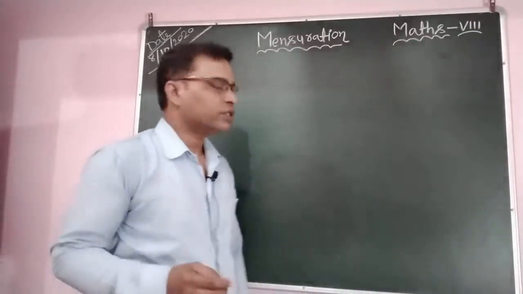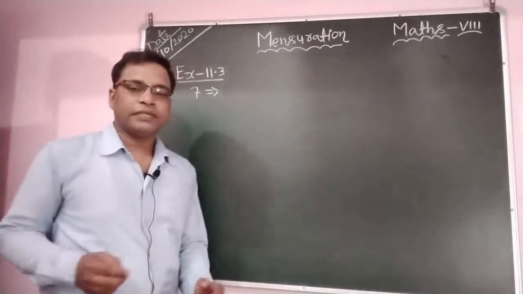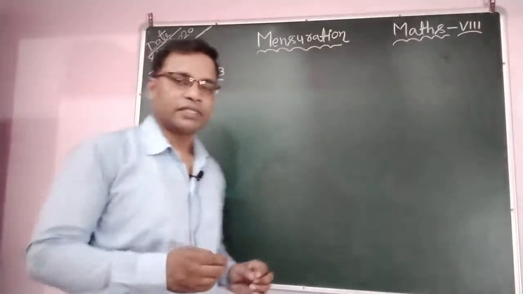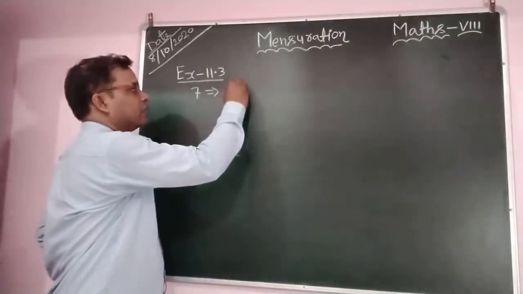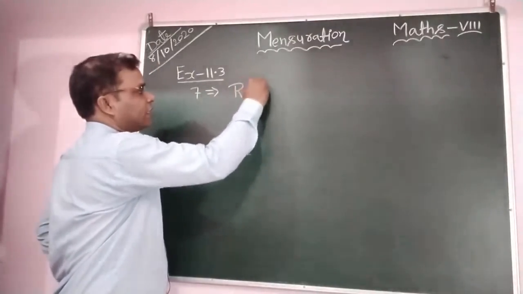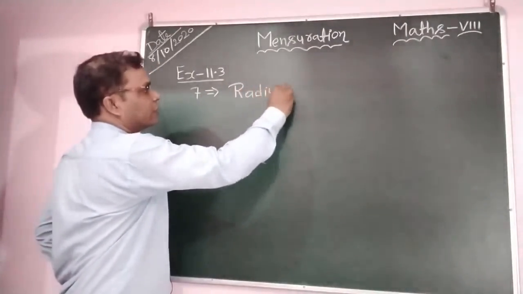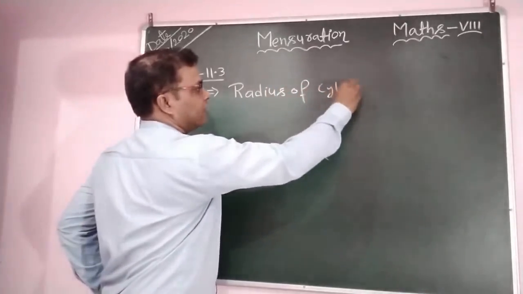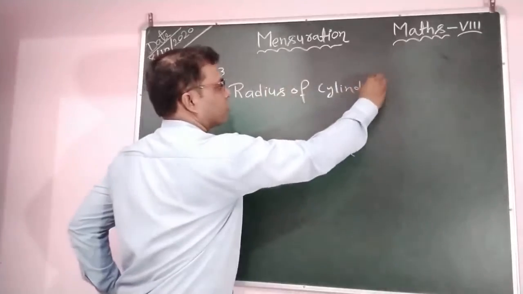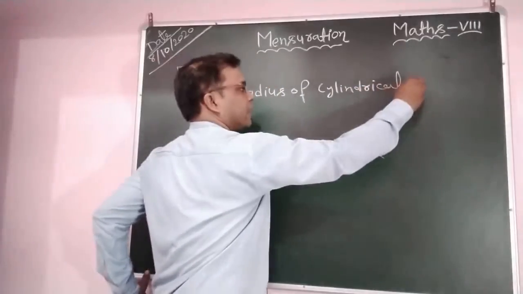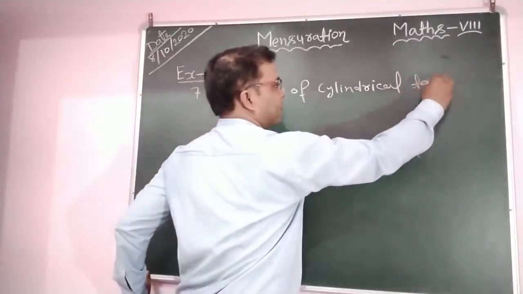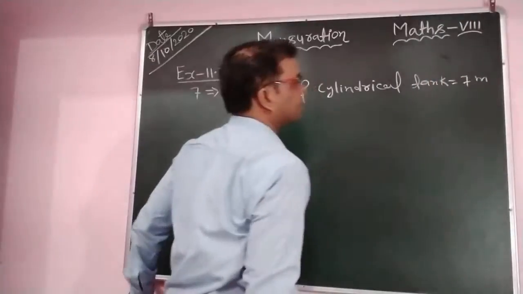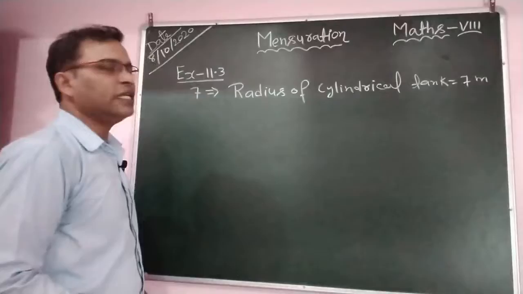In this question, first the radius of the cylindrical tank is given. So what is the radius? Radius of cylindrical tank is equal to 7 meters, and its height is also given.